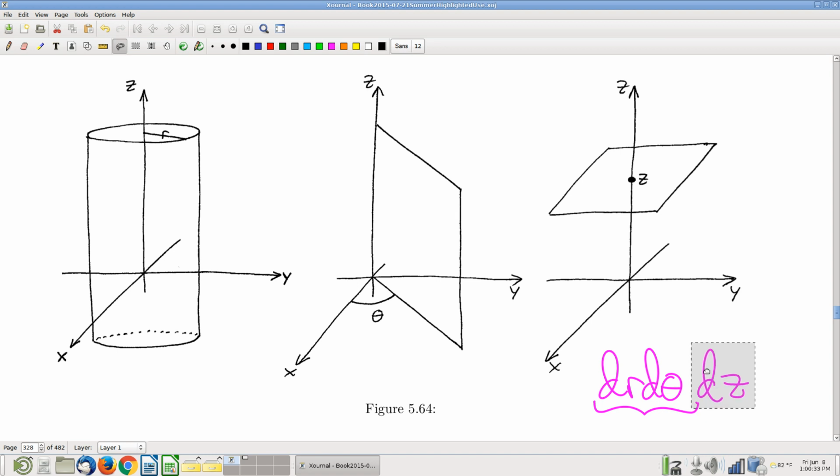But basically these are your two choices. Take your pick. Depending on the situation, sometimes one's better than the other. But there's no reason to put the d theta before the dr, or to split up and put the dz in between. There's no reason to do any of that. Hardly ever. It's not worth talking about.